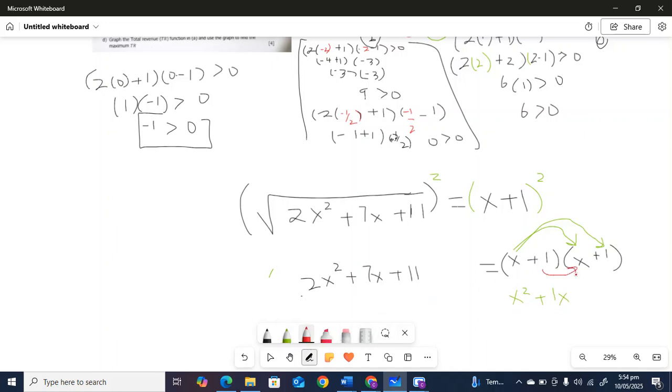Then you say 1 times x, that is x. 1 times 1, that is 1.